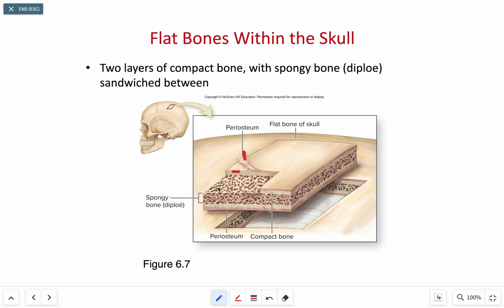And then we have the spongy bone, or the diploe. This spongy bone has trabeculae, what we consider to be an open lattice network. Blood vessels run in between all of these trabeculae. And then finally, we have another layer of compact bone, and then another layer of periosteum.